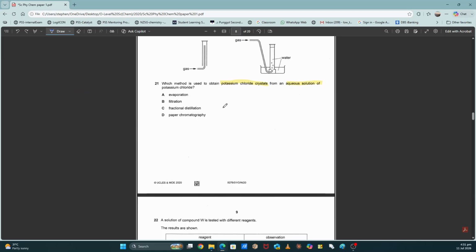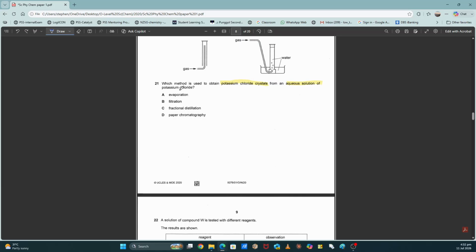Okay, so this method is used to obtain potassium chloride crystals. The word crystal may throw you off your line of thought because you may think something like crystallization. But you think carefully, read the whole question and you can find the answer.